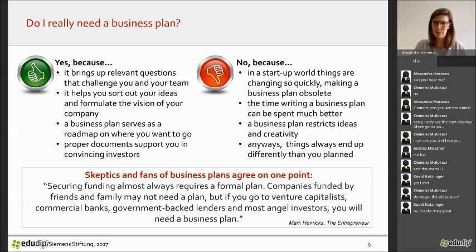But as I put it here, and I think that's also a very fair argument for today's session, skeptics and fans of business plans definitely agree on one point. Even if you feel like the arguments on the no-to-business-plan side are more favorable, or that's what you believe in, in most cases, if you approach investors, and that can be any private person, a business angel, a venture capitalist or a bank, any of them will definitely ask you to provide a document.